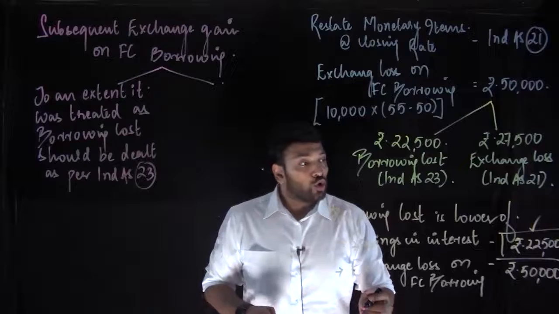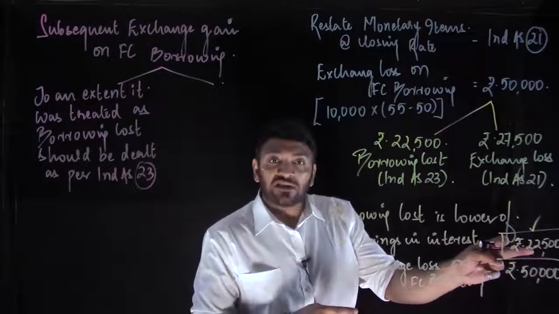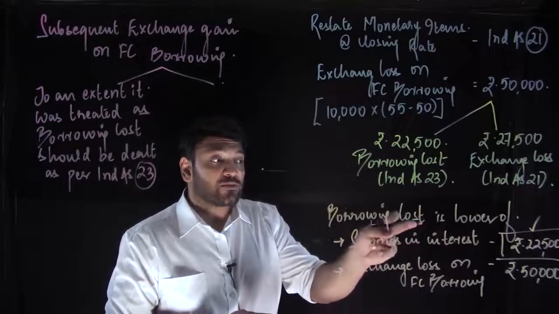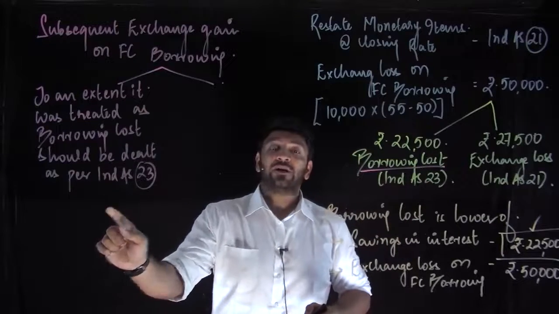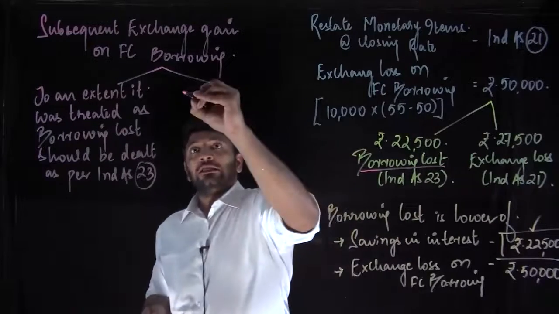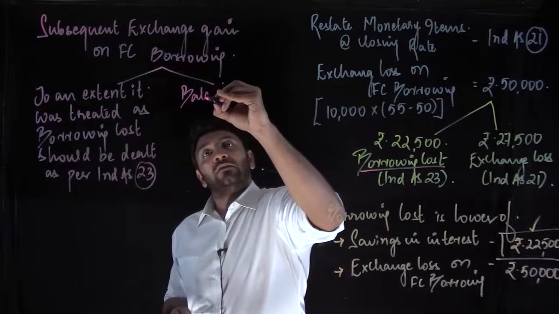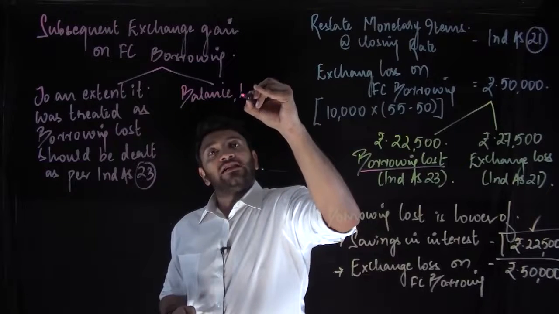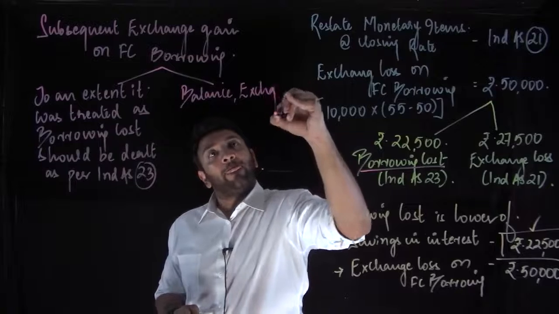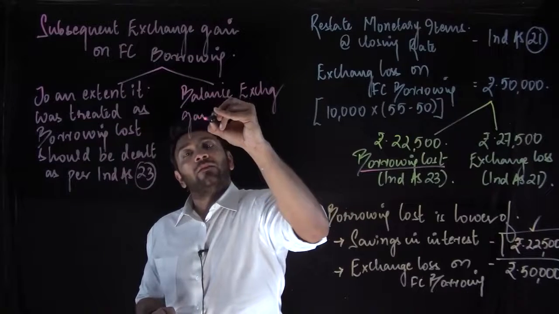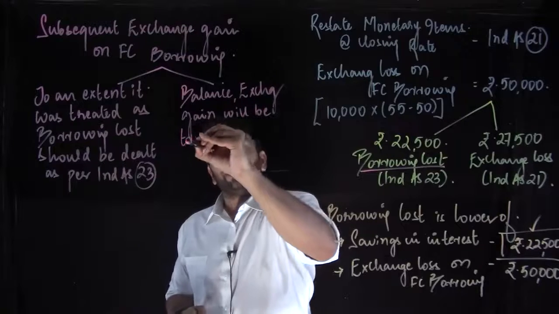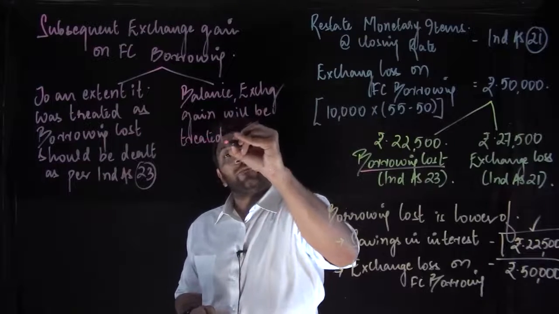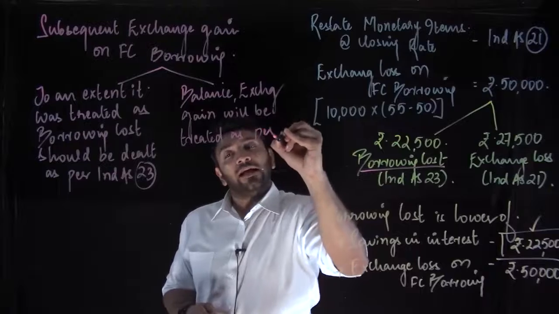That means to an extent of this 22,500 which you earlier recognized as borrowing cost, to that extent I will treat it as per Ind AS 23. The balance exchange gain will be treated as per Ind AS 21.